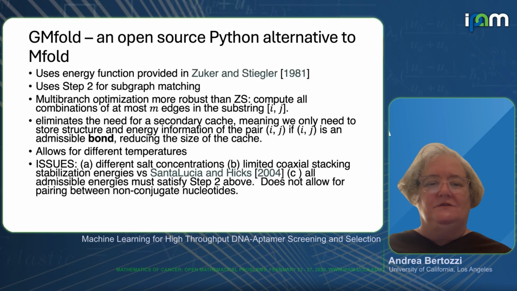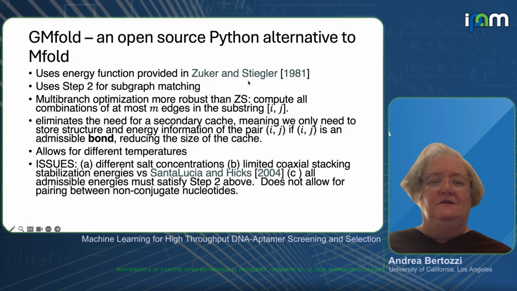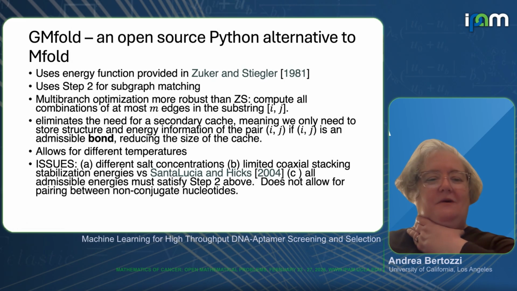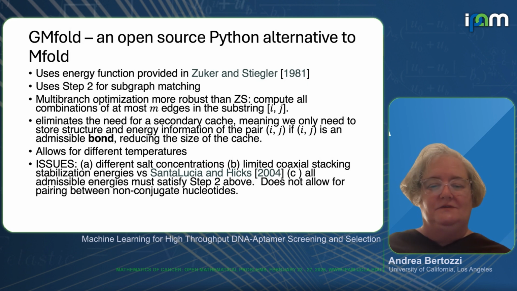These improvements were also used along with some other things to design the new GM-fold code. We use the energy function from Zuker and Stiegler. We use step 2 from subgraph matching. We have a more robust multi-branch optimization than the Zuker-Stiegler idea, and I'm not going to go into too much detail there, but it works pretty well.